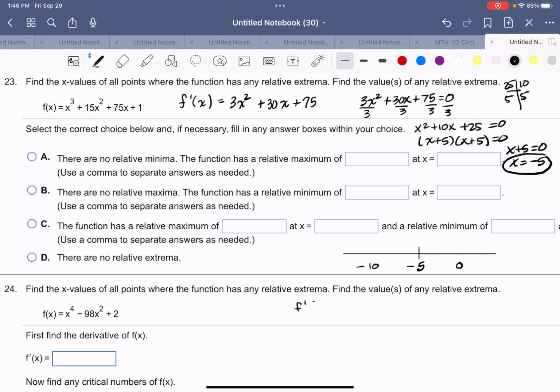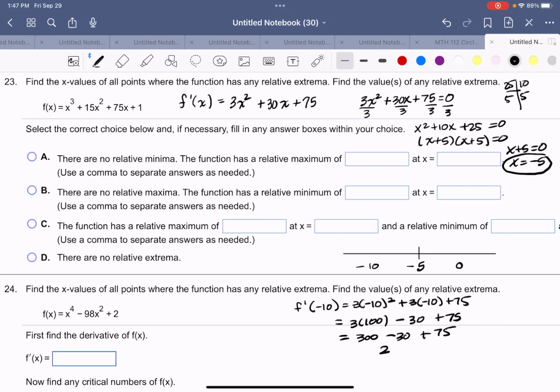So f prime of minus 10 is 3 times minus 10 squared plus 30 times minus 10 plus 75. That's 3 times 100 minus 300 plus 75.